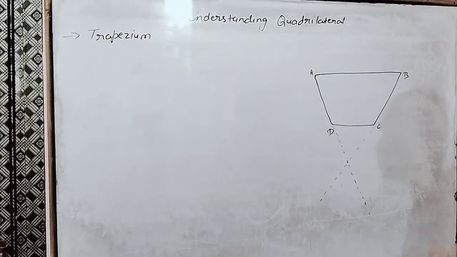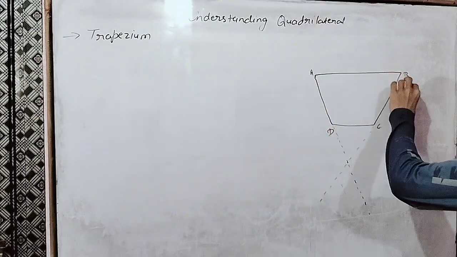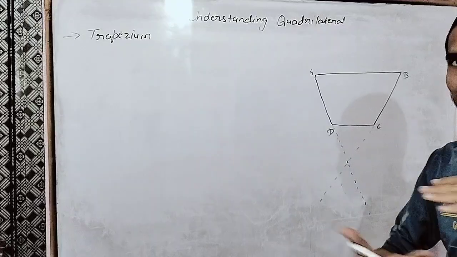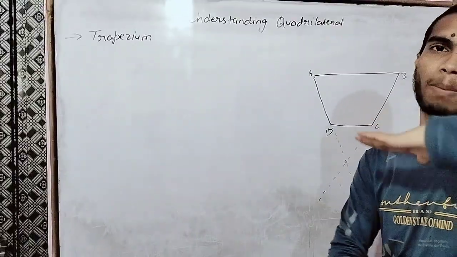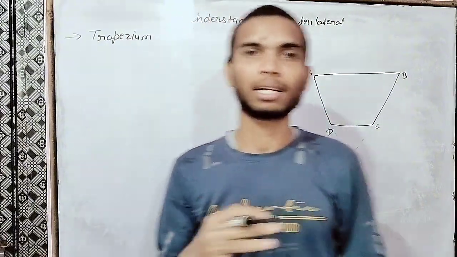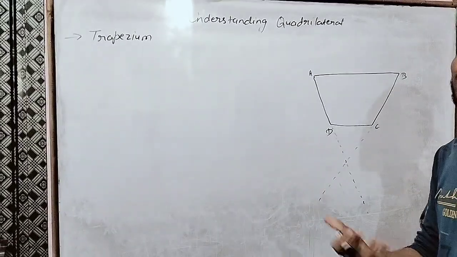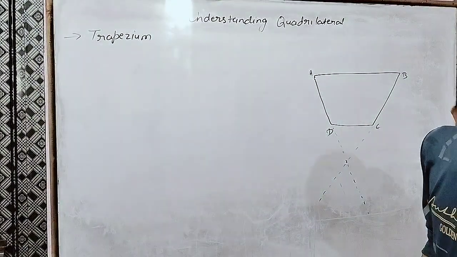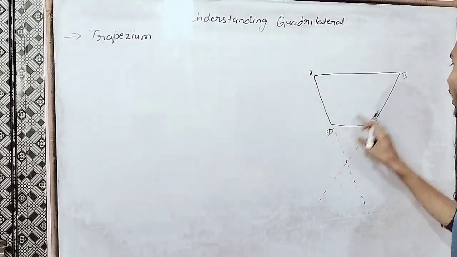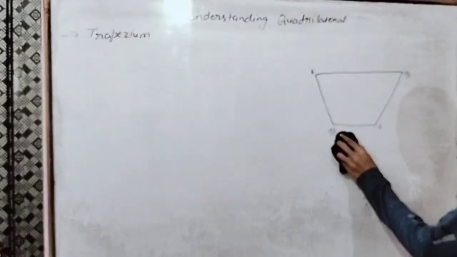That's why we are not able to say that AD is parallel to BC. Parallel lines would be straight and never meet; if they intersect, they will not be considered parallel lines. Did you understand that AD is not parallel to BC? I hope you understand.